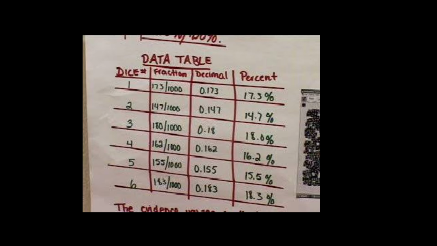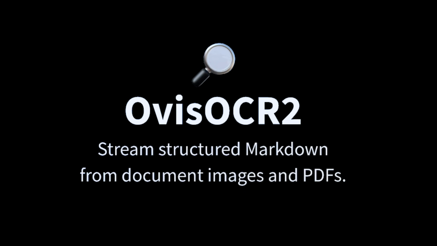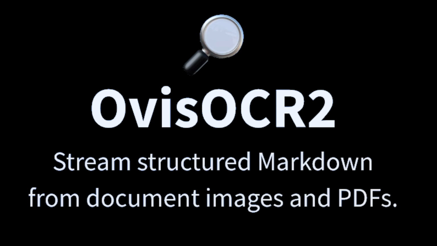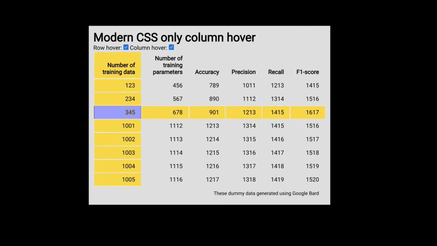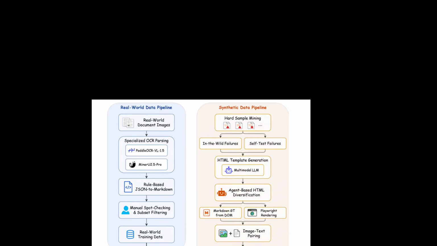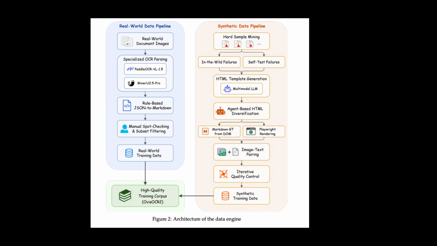You give it a document image, and Ovis OCR2 can process text, tables, mathematical formulas, images, and complex document layouts all at once. Titles, paragraphs, formulas, HTML tables, reading order, and visual regions are generated in a single pass, eliminating the need for multiple processing stages.